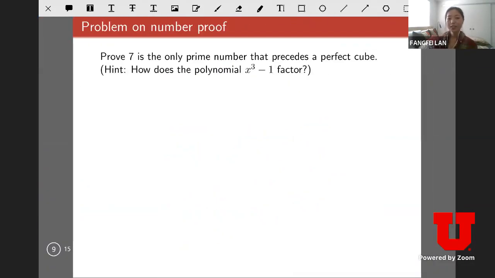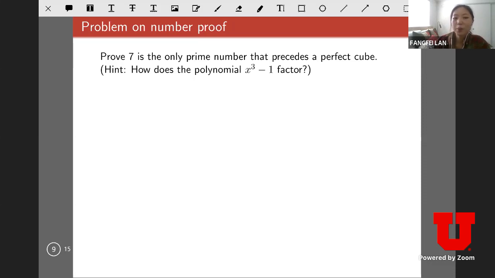Prove 7 is the only prime number that precedes a perfect cube. A hint is, how does the polynomial x cubed minus 1 factor? This one is probably the harder one compared to all the other problems, but still not too bad. Let's think about where we start.